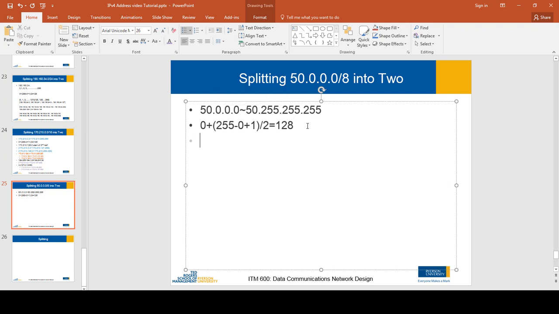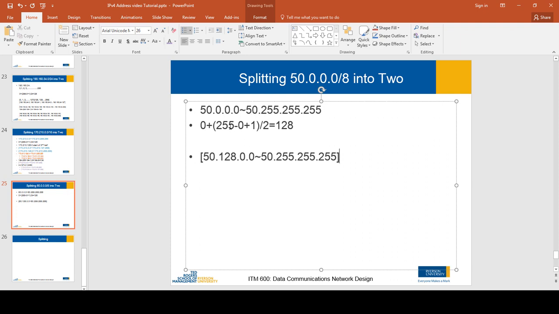Okay, so the start of the second half would be 50.128.0.0, and the end of the second half is of course the last IP, 50.255.255.255. So this is the second half of the network.